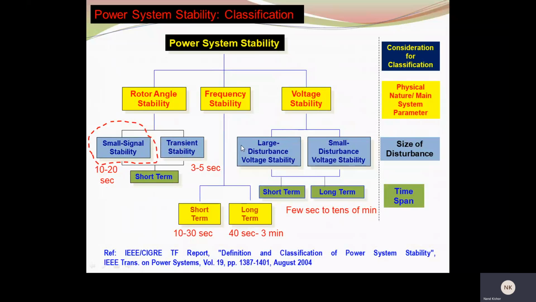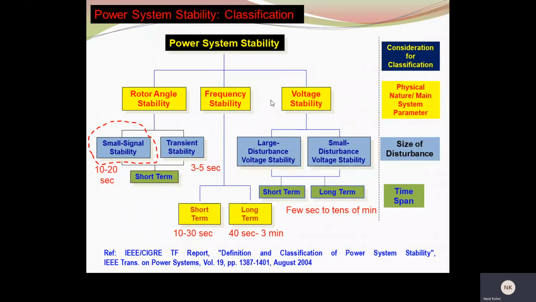analyzed. And as such, you can have small signal stability analysis, which could be for a duration of 10 to 20 seconds. Another could be transient stability, which will last for a much smaller duration, 3 to 5 seconds.